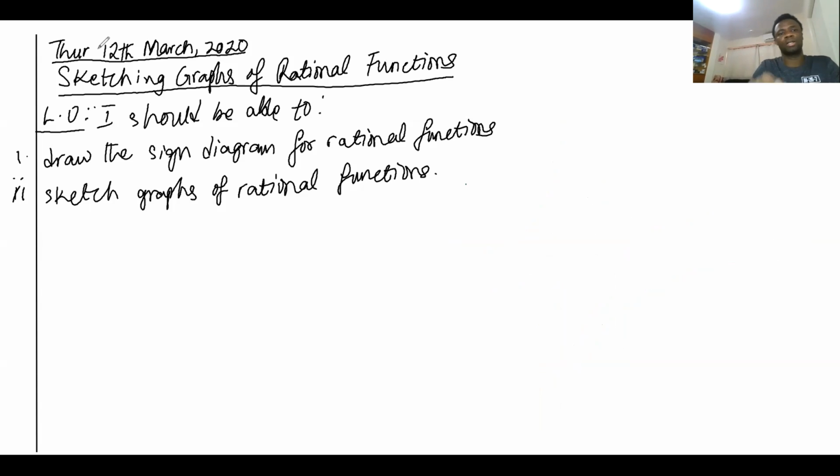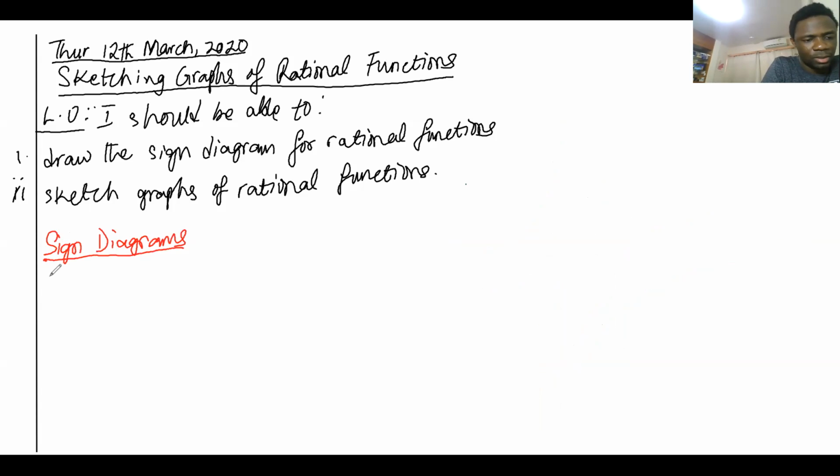To do the sign diagram, these are the major steps.